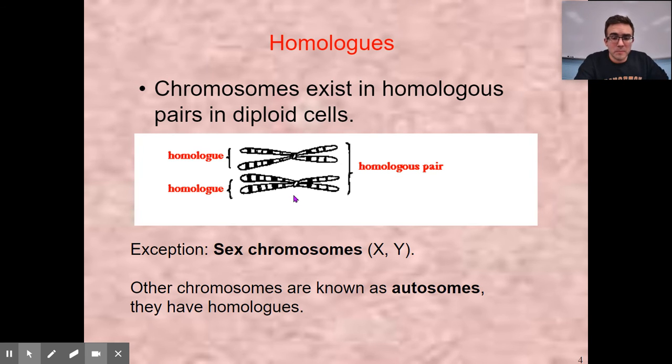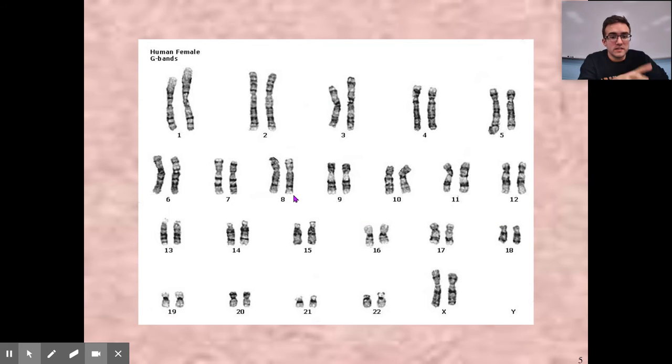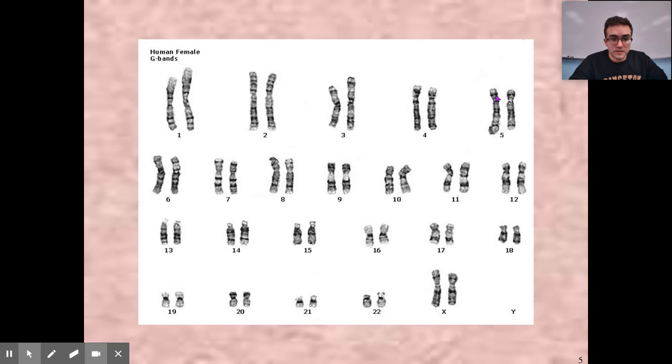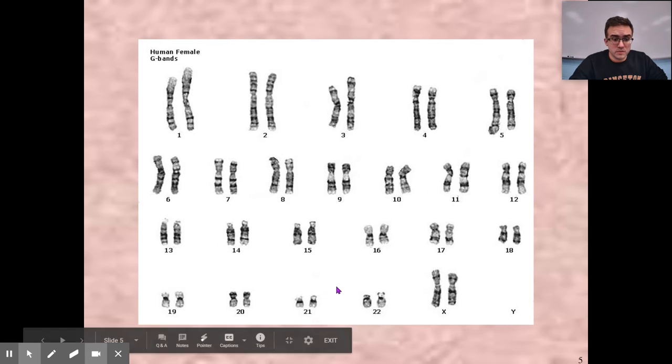So let's look at some pictures of chromosomes. This is a picture of the chromosomes in a cell all lined up nicely together, so you can see the pairs that happen here. Chromosomes 1 through 22 are your autosomes. So all of these are your autosomal chromosomes.